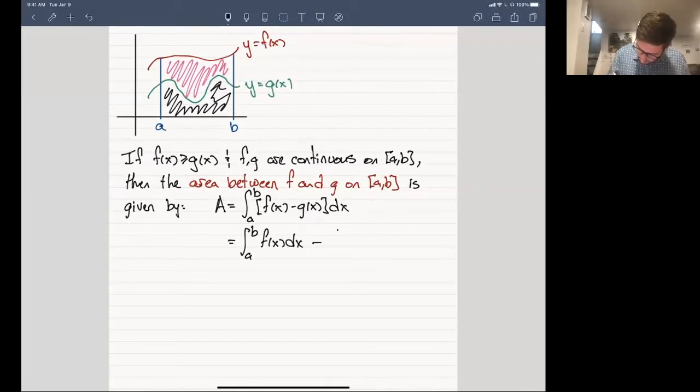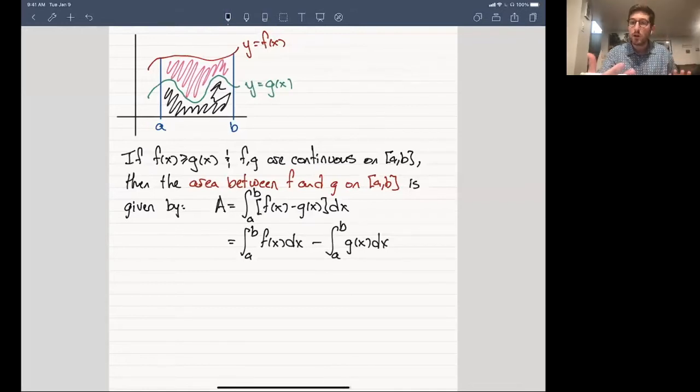This is the same as the area bounded below f of x subtracting off the area bounded below g of x. I'm just rewriting it to make it more compact, but you can easily distribute it to get back to what I was talking about right here.